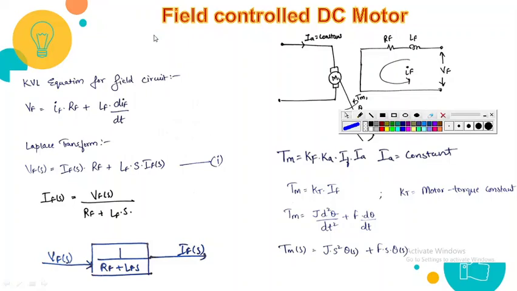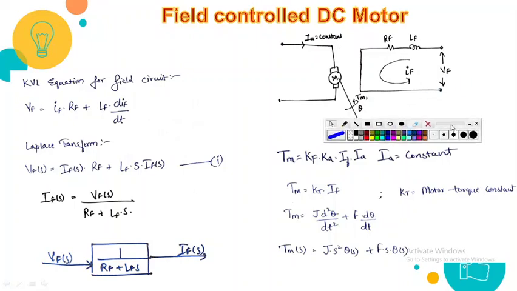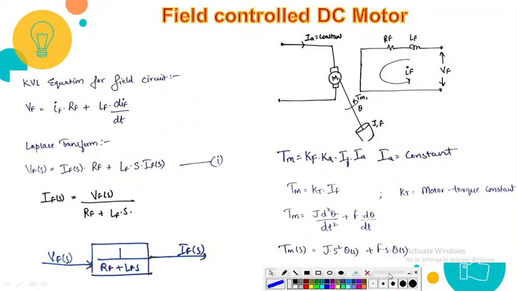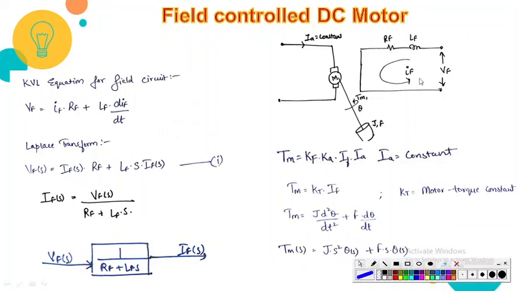Then again we'll have some input, but this time the varying input will be from the field side. So again we have made this control system, an equivalent control system, and here we'll be having this field current circuit, and this field current circuit has to be established with this field voltage, which will be my input.